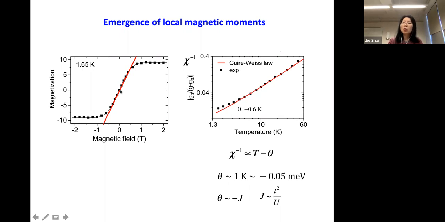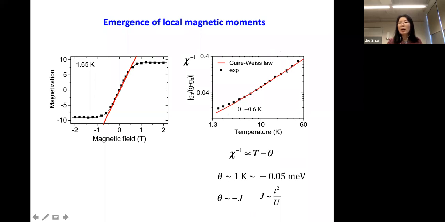We can also do the temperature dependence of this, plotting 1 over the magnetic susceptibility as a function of temperature. If it's local moments, then at high temperature, the susceptibility should follow the Curie-Weiss law, which just says 1 over chi is proportional to T minus some theta.